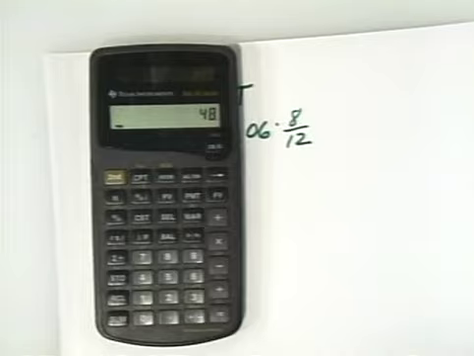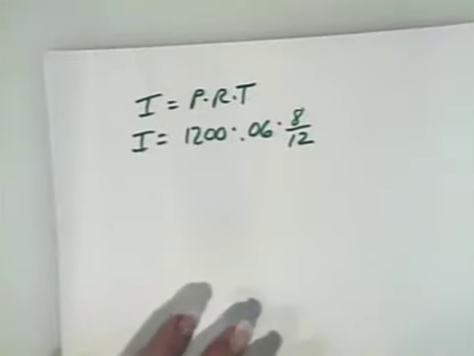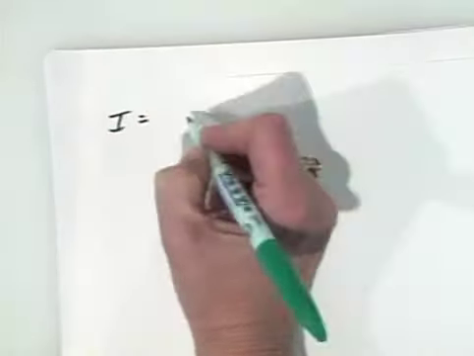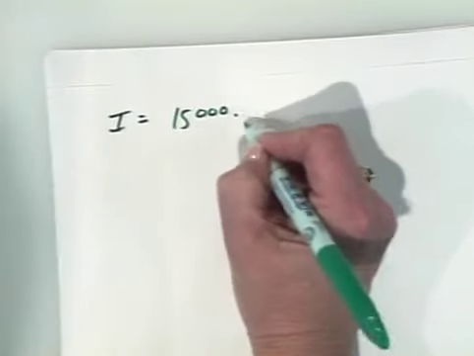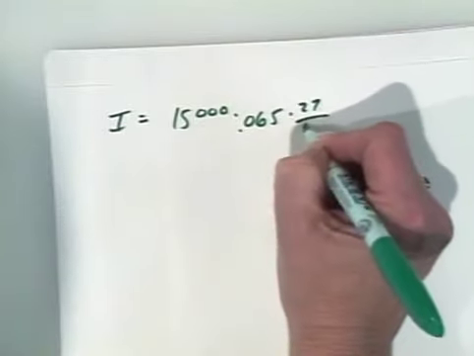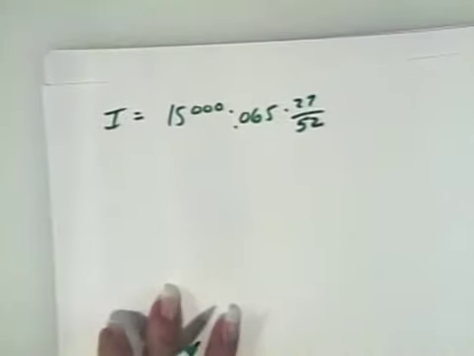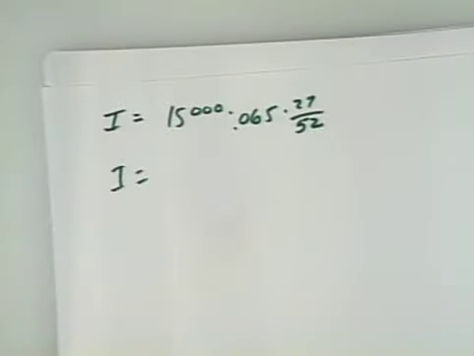Okay, the next problem says, find the simple interest on $15,000, 6.5% interest, 27 weeks. And you can just stick that in your calculator.